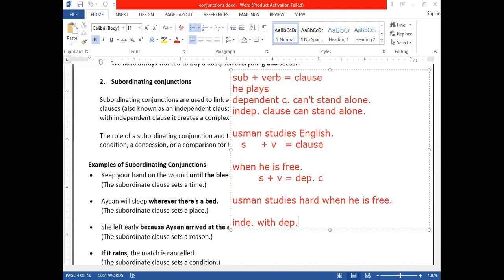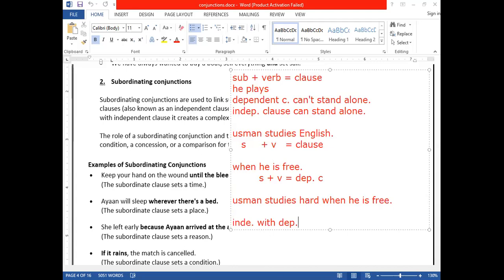And subordinate means assistant, like "he is my subordinate." It means a subordinate cannot work without the master. But coordinate, he is not subordinate; they do coordination equally. So that's why we call them subordinating conjunctions.